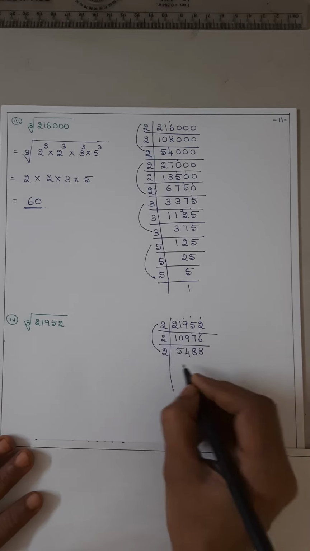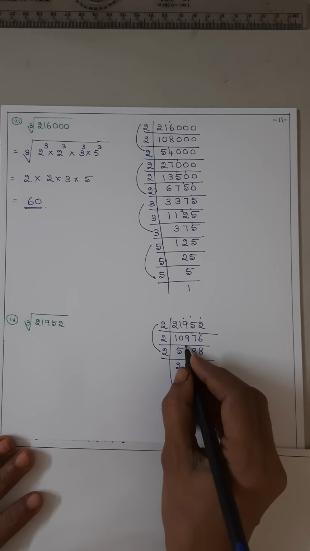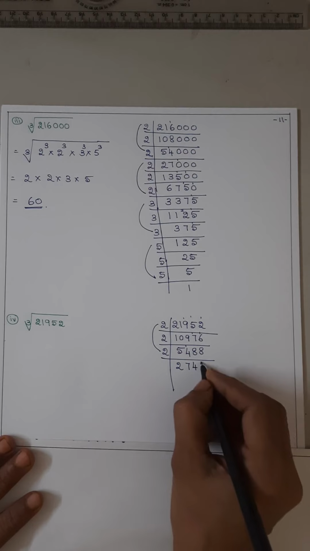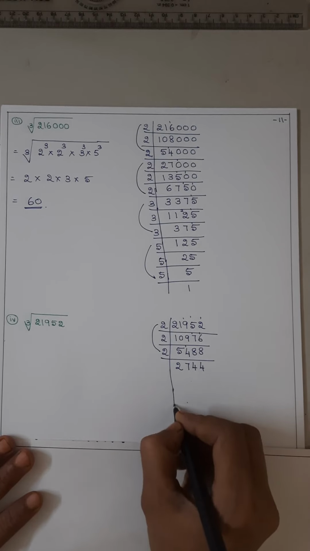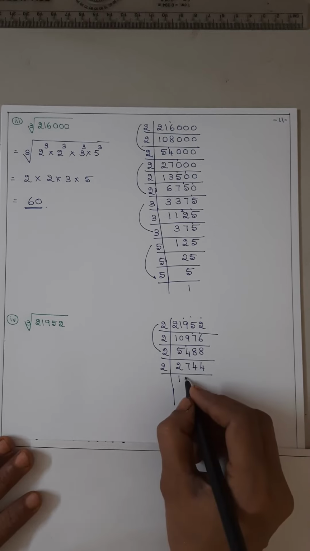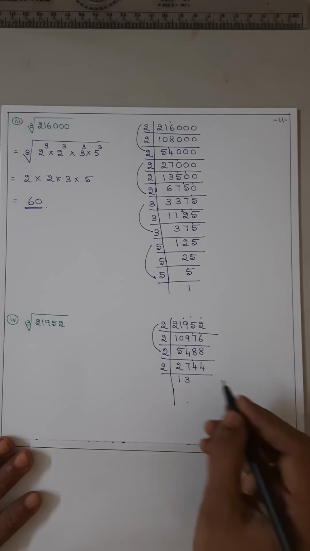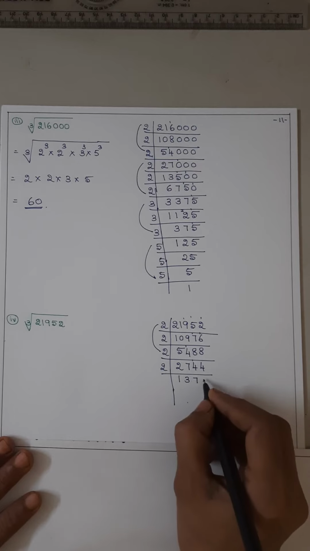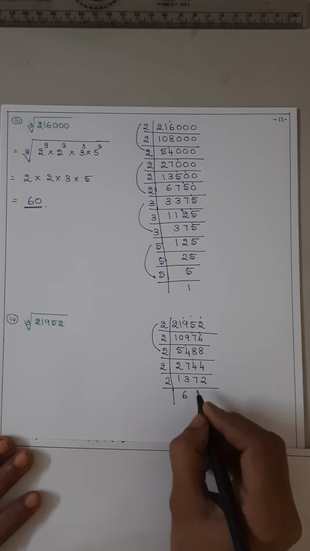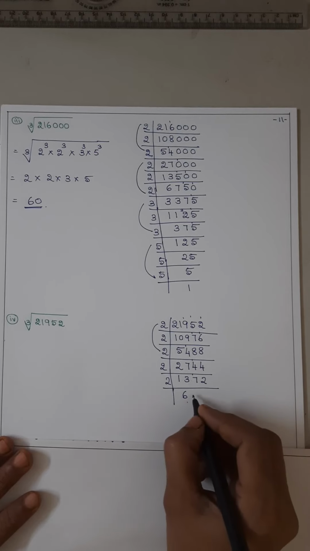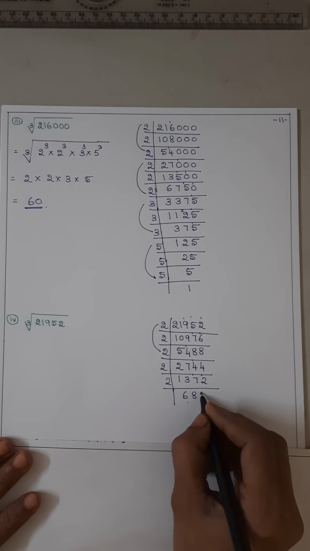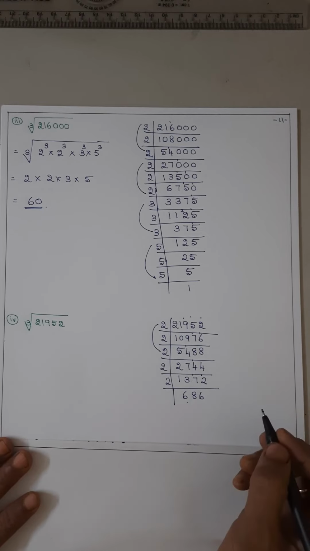Again 2, 2 2s are 4, 1 remains, 2 7s are 14, 2 4s are 8, 2 4s are 8. Now it is 2 1s are 2, 2 3s are 6, 1 remains, 2 7s are 14, 2 2s are 4. Again 2 6s are 12, 1 remains, 2 8s are 16, 1 remains, 2 6s are 12.